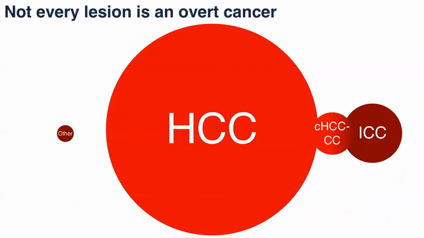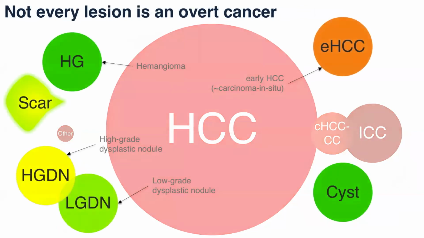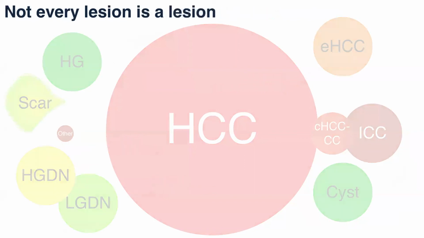But it's more complicated than that, because not every lesion in the cirrhotic liver is in fact an overt cancer. In addition to these cancers, we have hemangiomas, scars, high-grade dysplastic nodules, low-grade dysplastic nodules, early HCCs, which are sort of carcinoma in situs, and cysts. And it's still more complicated because not every lesion in the cirrhotic liver is even a lesion.